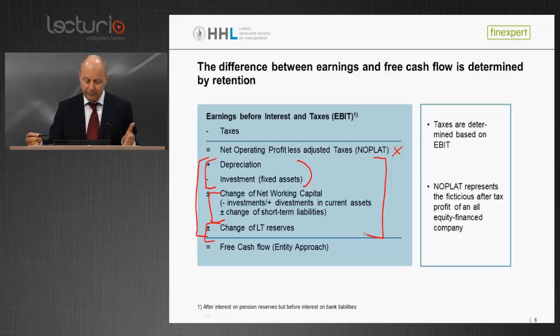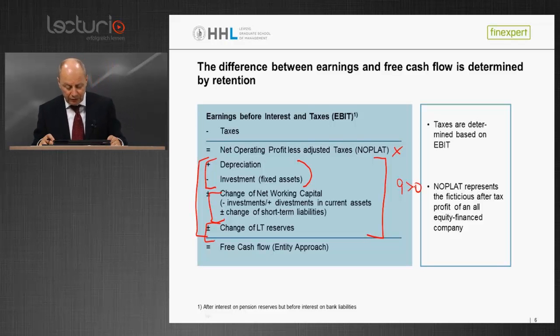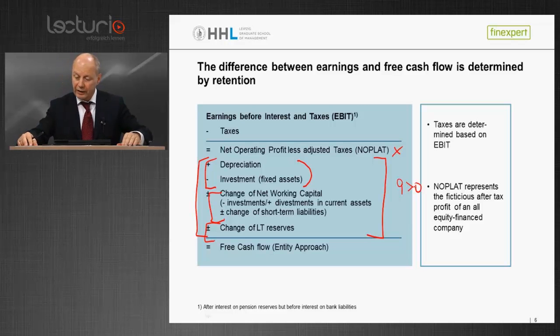And one has to stress the word new and additional here, because the old assets under this assumption are simply replaced. So if we have a positive Q and a positive absolute retention, then obviously debt and equity holders jointly sacrifice a part of their earnings in order to acquire additional assets on top of the assets that are currently in the firm.